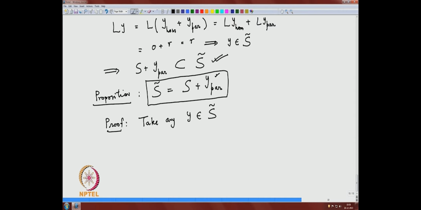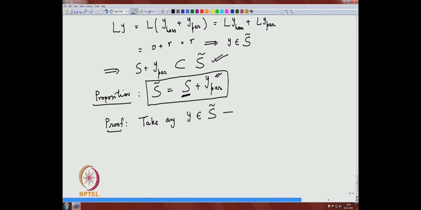If you can find one particular solution and then take any solution, that gives you the complete solution structure. Any solution to your non-homogeneous equation, the general solution, can be written in this form, and that is what this proposition tells you.